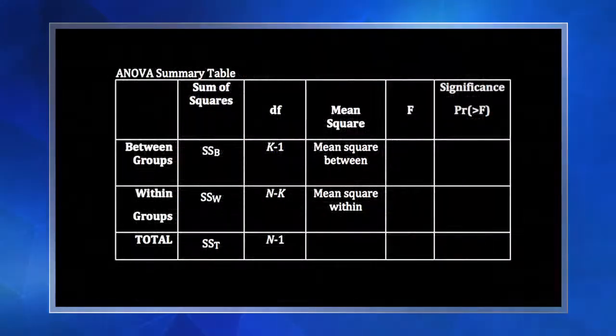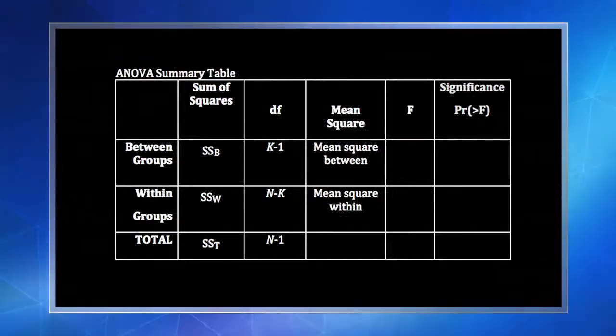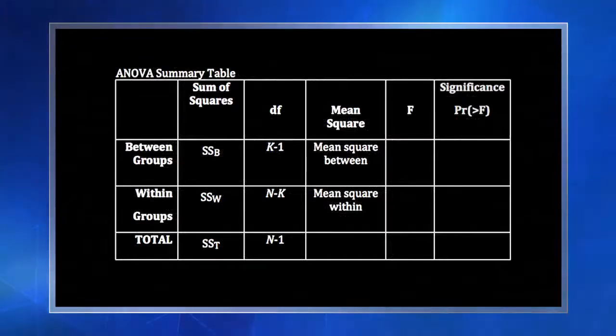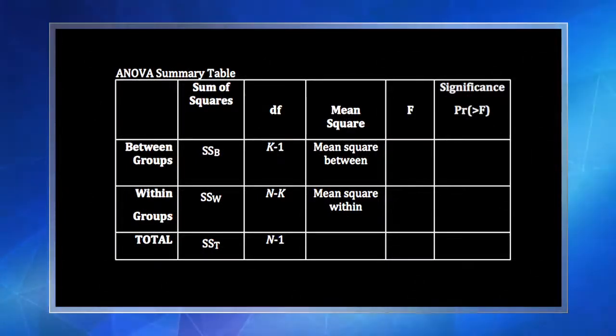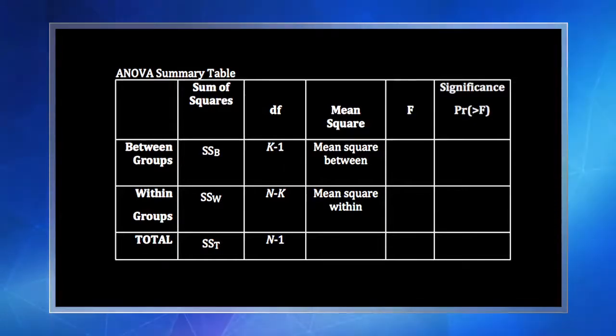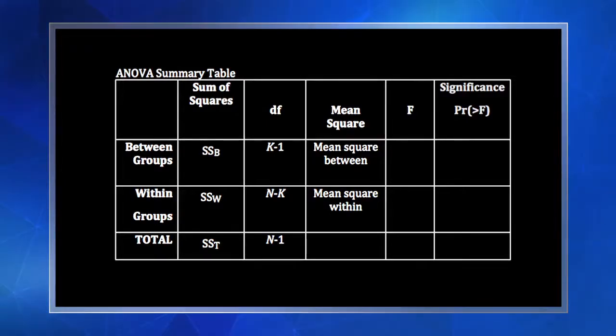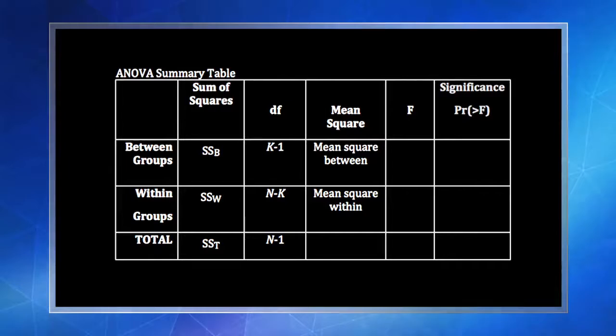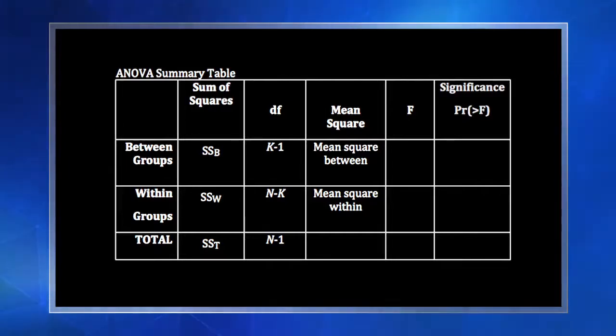Now, the ANOVA summary table is a concise method for presenting all of our ANOVA results. Check this out. In the first column, you see it lists the source of the variation, either between group or within group, followed by the total variation. The second column gives us the sum of squares. You see the sum of squares between, the sum of squares within, and then the sum of squares total.